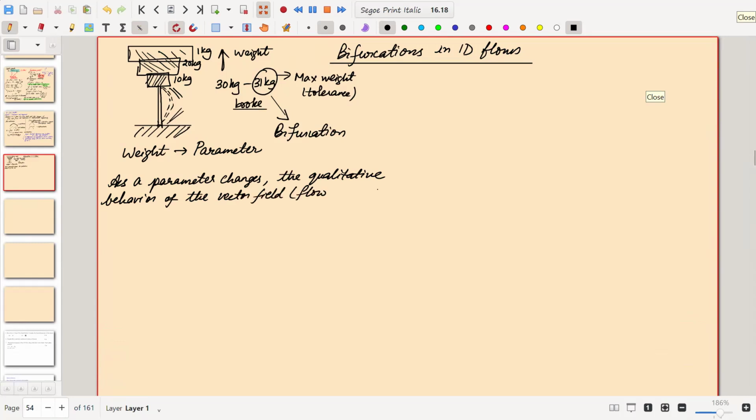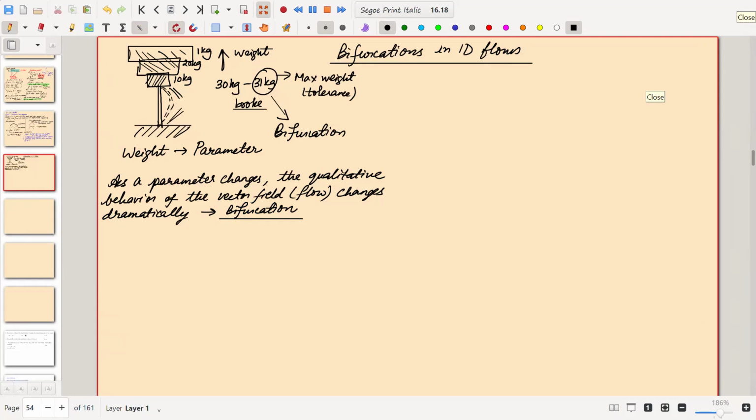It is dramatic because the beam was there, then suddenly it broke. So as the parameter, or the weight, changes, if the qualitative behavior of the flow changes dramatically, it is referred to as a bifurcation. Such a phenomenon is referred to as a bifurcation.